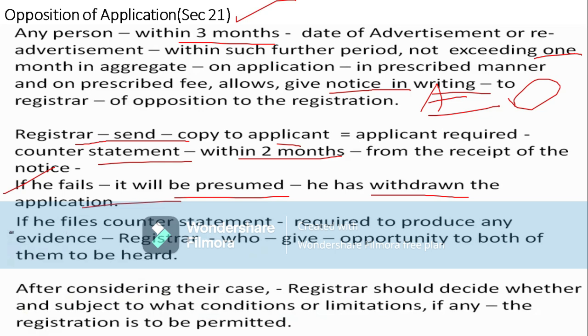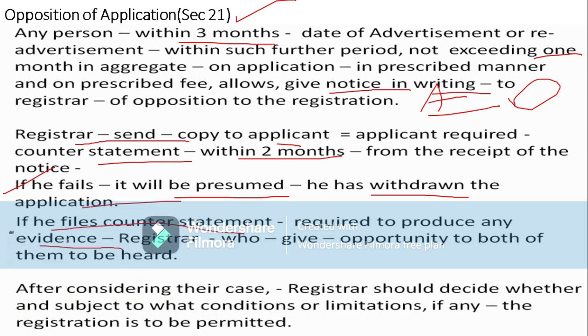If he files a counter statement, then he has to produce evidence, which is known as the statement. He has to produce that evidence to the registrar, who will give both of them an opportunity to be heard.